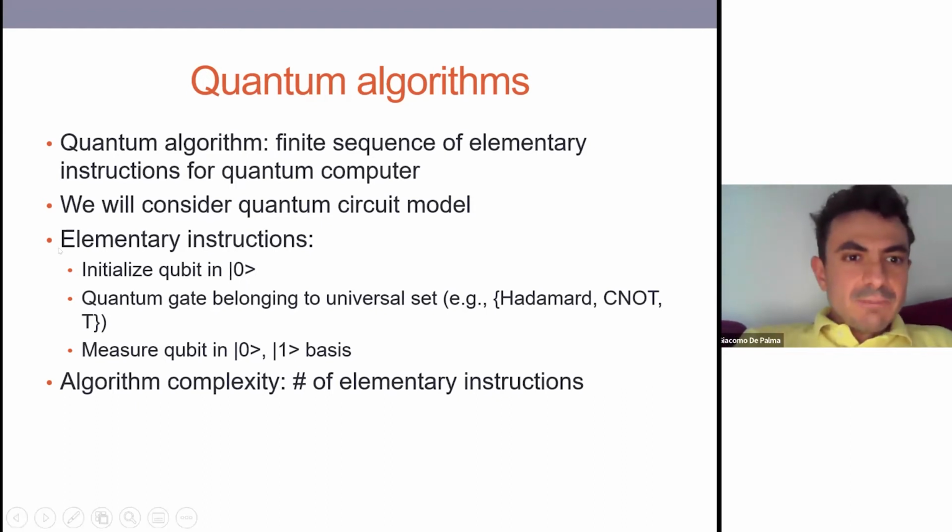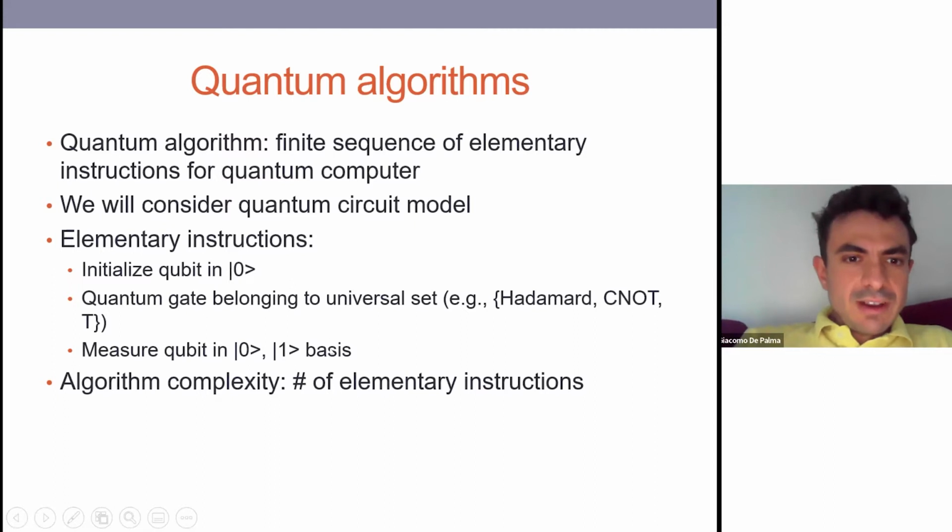A very common choice when you write down algorithms on paper is to assume that you can apply gates belonging to some universal set of quantum gates. A very common universal set is made by the Hadamard, the CNOT gate and the T gate. Another choice may be assuming that you can have a CNOT gate acting on 2 qubits and generic single qubit gates.